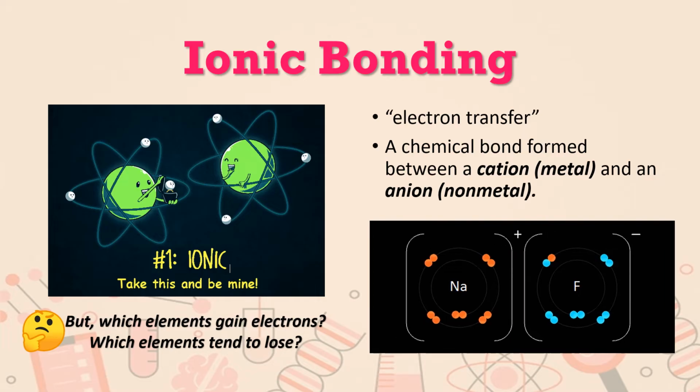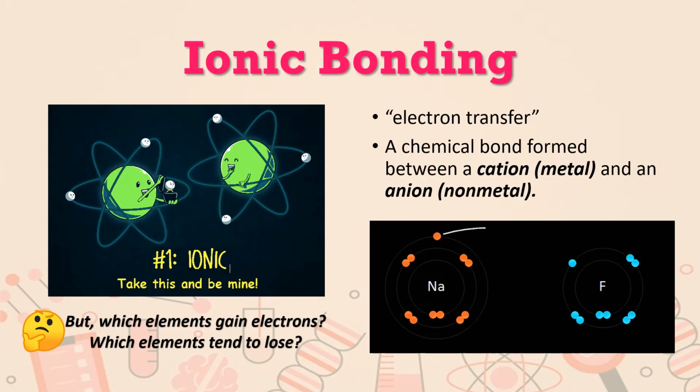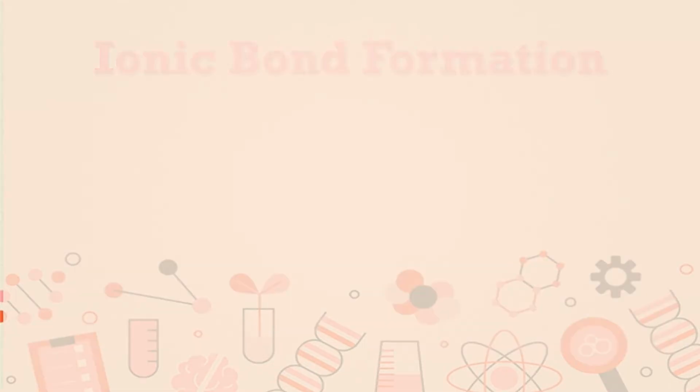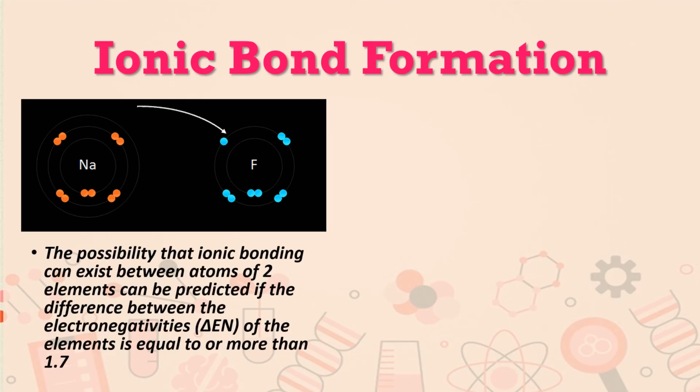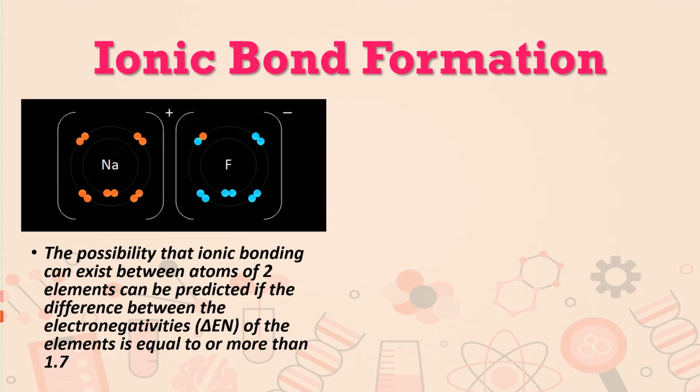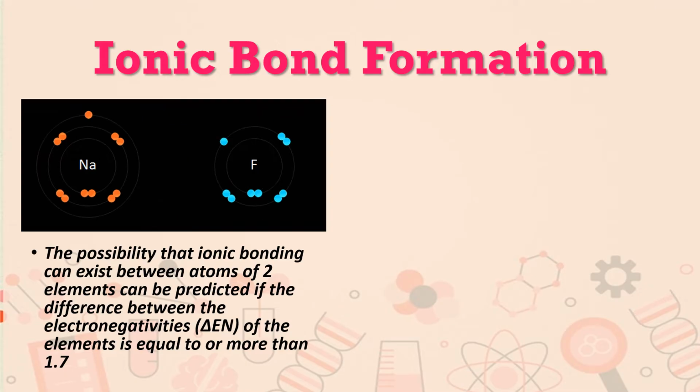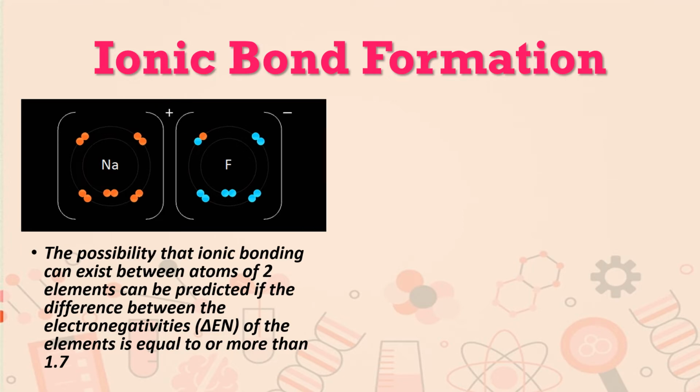So if we have an element that is a metal and a nonmetal, automatically they could form an ionic bond. Now, aside from a metal plus a nonmetal, another determiner for an ionic bond to exist is the electronegativity difference of the two elements.